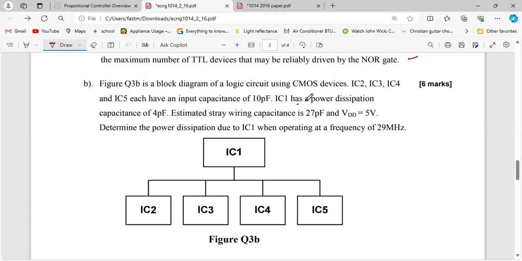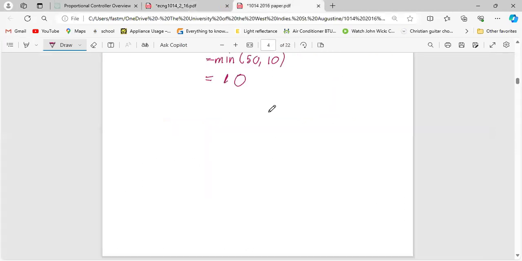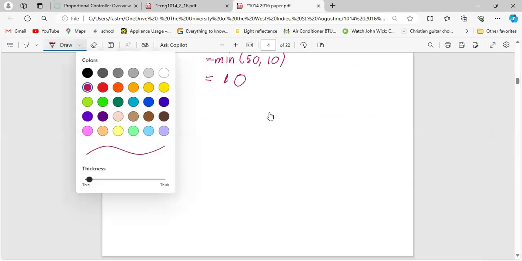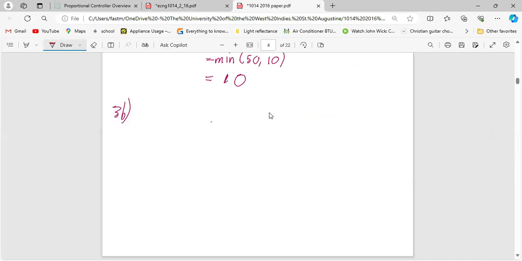So the only thing you had to do was calculate the total power dissipation capacitance, which is an equation to fit. It boils down to memorizing a few equations, and then the next equation for the power dissipation, right? All right, so they gave you the circuit, right?